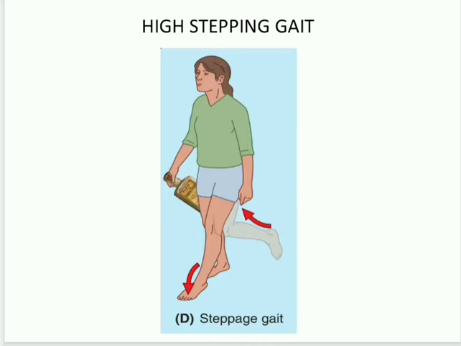What happens during this is that when you are stepping to the ground with the help of the heel, your ankle goes into dorsiflexion. If your dorsiflexors are paralyzed, immediately the plantar flexors will overact.